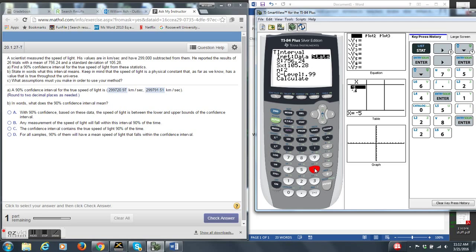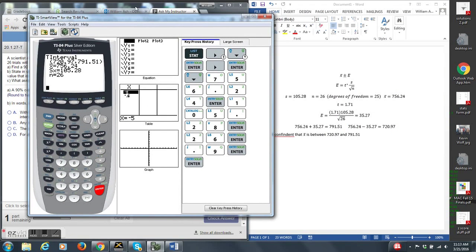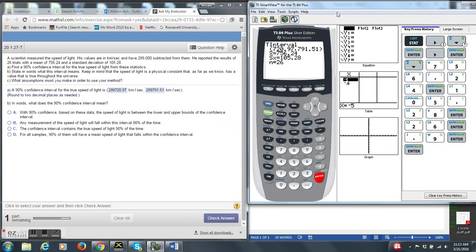And I wanted to be 90% confident. And you see, it just spits out those numbers that I got right here. Now, I still have to remember to add on the 299,000. So you can cut out that whole t-inverse step and go straight to this interval if they don't ask you for the intermediate steps.